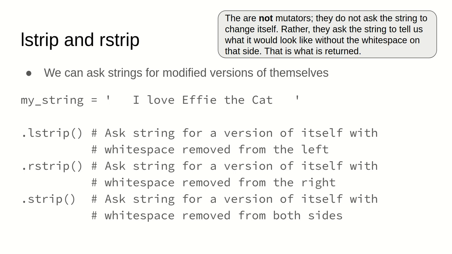I will get new versions of that string that have different features to them. And so I would want to make sure that I saved that in some variable. I could either save them as myString and change what myString is naming, or I could save them as some new version, stripped string, or something like that.